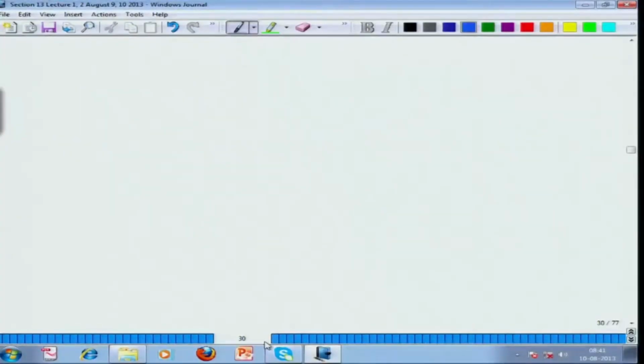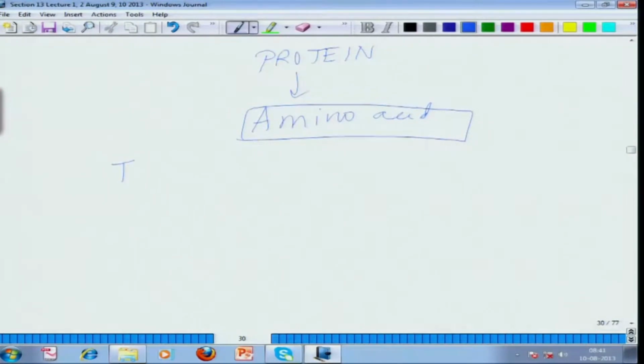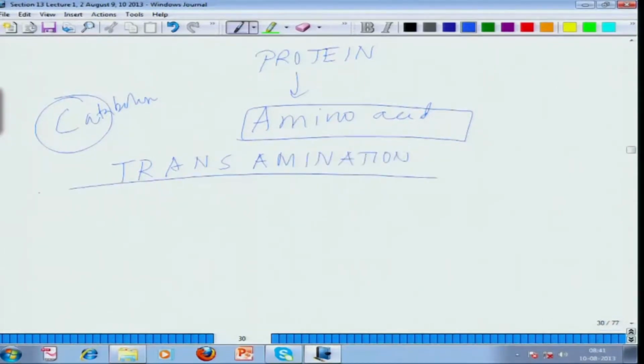So, we are into protein anabolism and catabolism. Essentially we are talking about amino acids now, the smaller individual unit of protein. Some of the catabolic processes, catabolism represented by C. One of the processes is transamination. What is transamination?